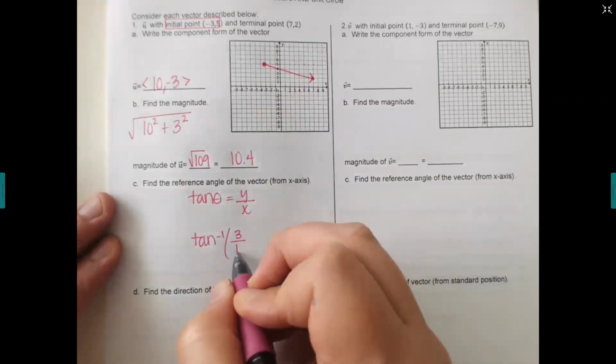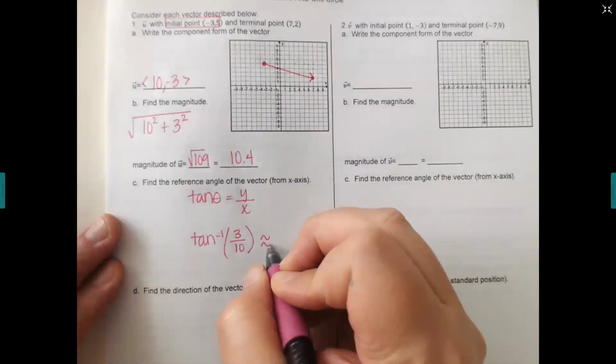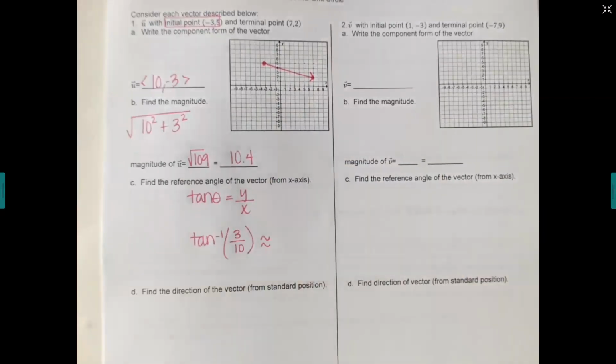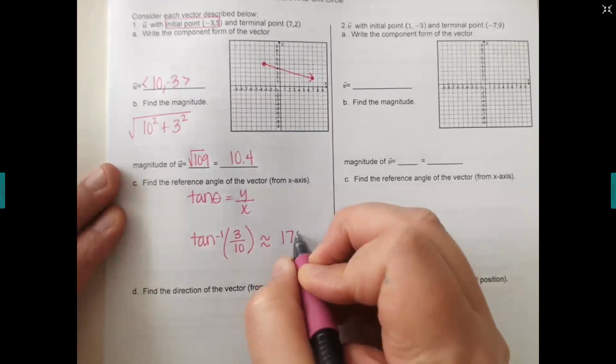Very good. So go ahead and do that. We're going to round to a whole number just like we've been doing. What is inverse tan of 3 over 10? Okay, it's 16.69, which we're going to round to 17.